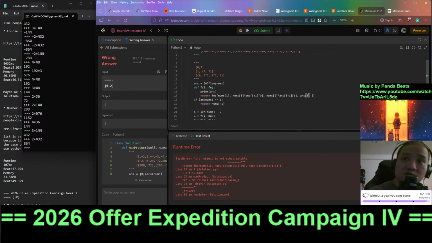Maybe we need to also do this because nums[I] can be 0. It's gonna make everything 0, right? Maybe this will fix it, right?